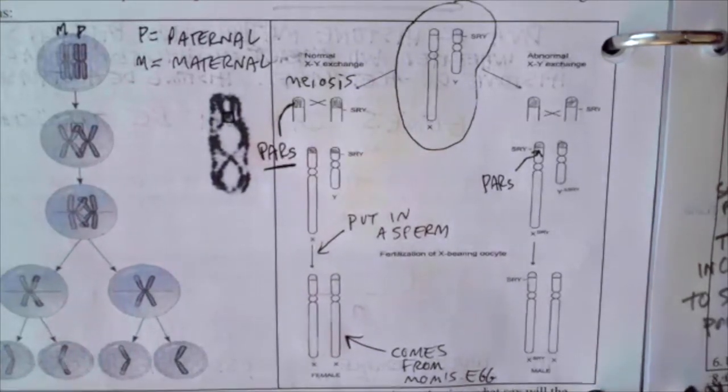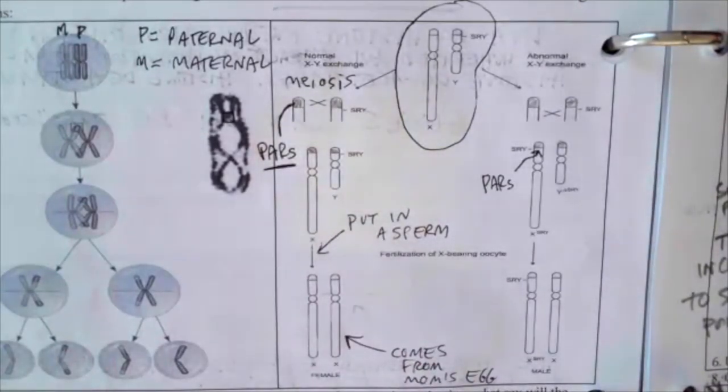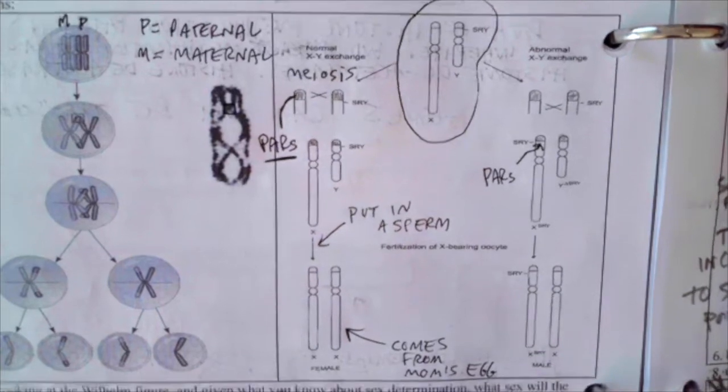Nina, the offspring has what? Two X chromosomes. Yes, and is the SRY gene present or absent? It's absent. So the resultant child is what? Female. Excellent.